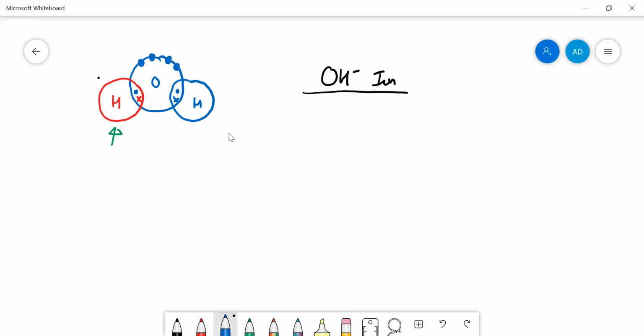Okay, so if I draw the OH minus ion now, all we need to do is get rid of that red hydrogen. So this one hasn't changed. So we have a dot and a cross there. We've got those 4 electrons there. And then here, that electron comes from the oxygen, but this red electron, well, that comes from the hydrogen.